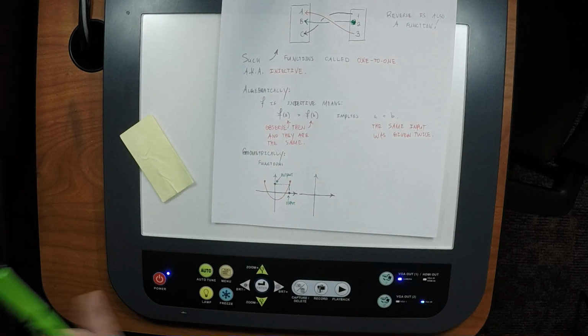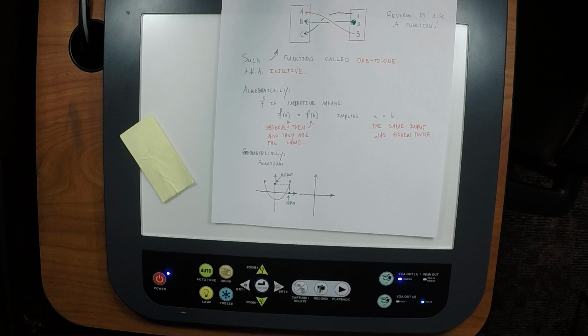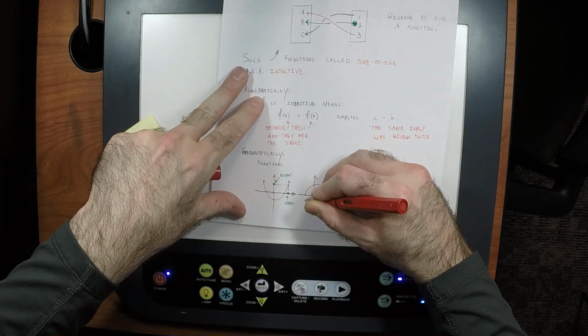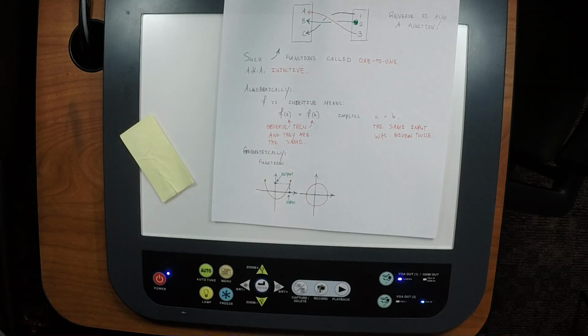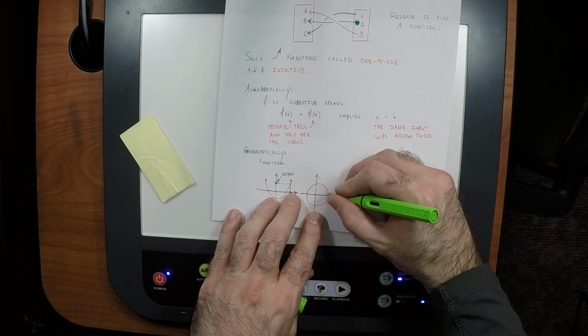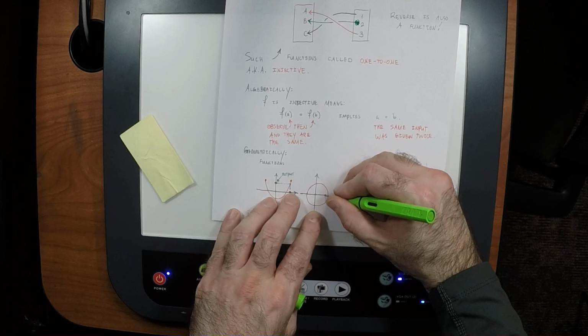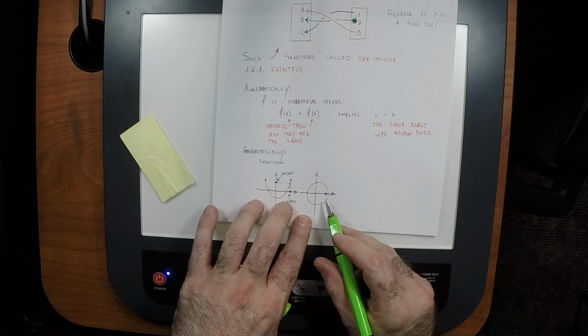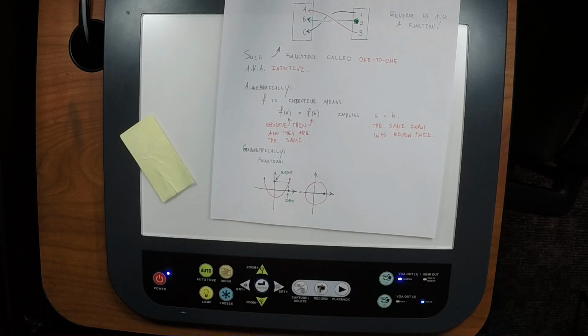Whereas let's consider this drawing. So, for example, here's a point right there. And now, concerning this thing that I've drawn here, is this point that I've selected in the domain?